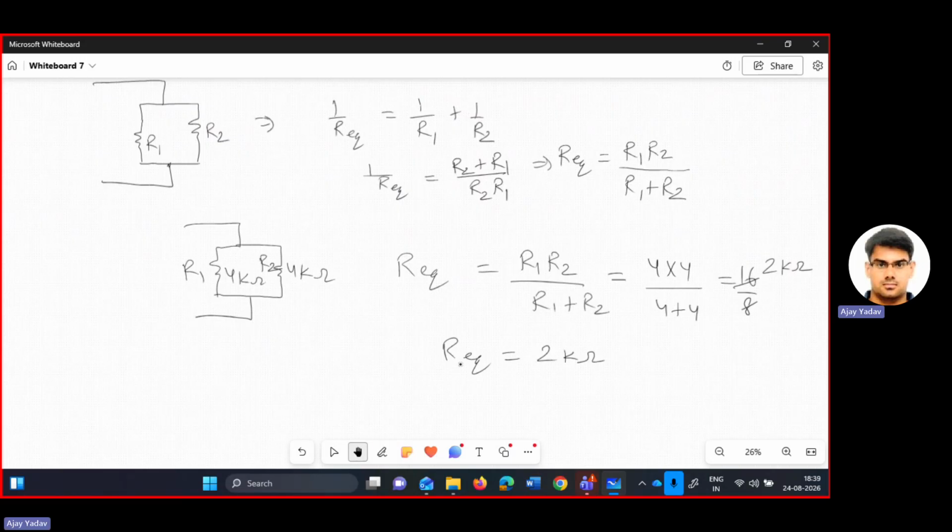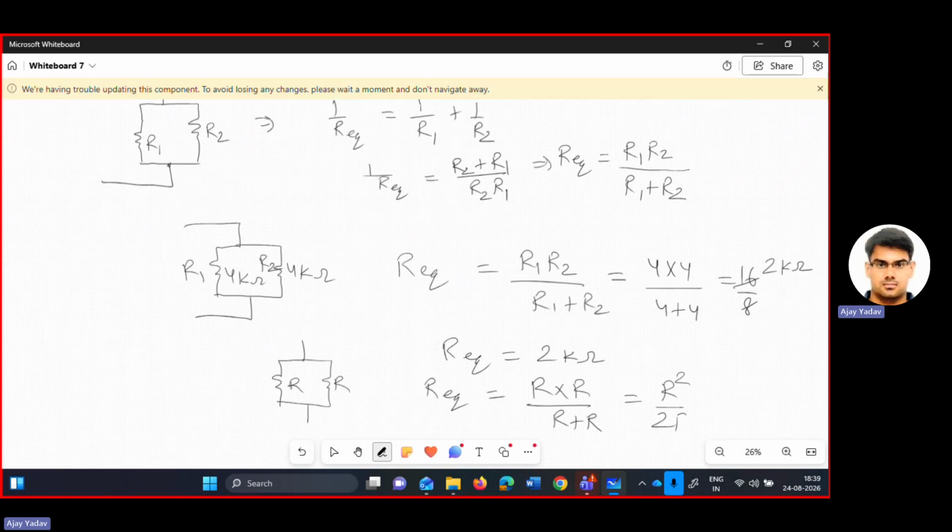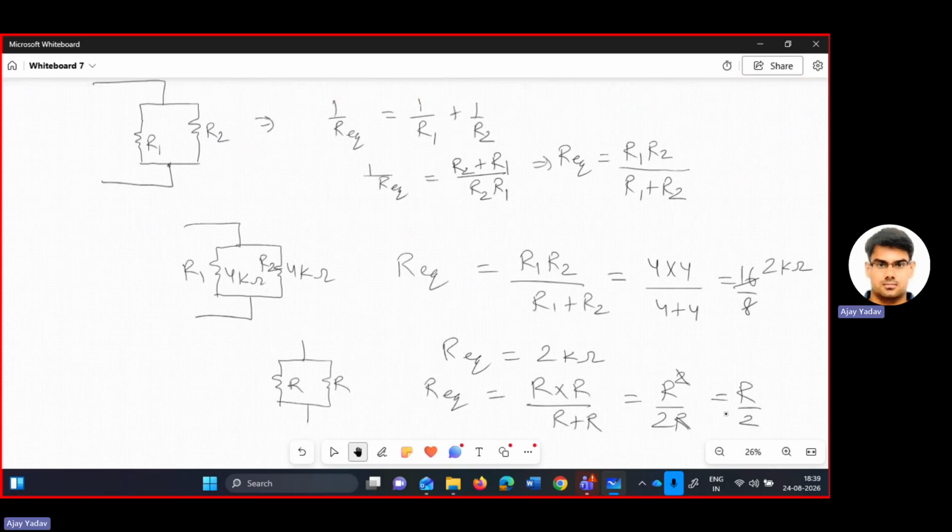Or we can interpret from here that if you have two equal resistances R and R in parallel, their equivalent resistance will be R into R divided by R plus R, that is R square divided by 2R, or you can say R by 2. So in this manner, we can calculate the equivalent resistances.